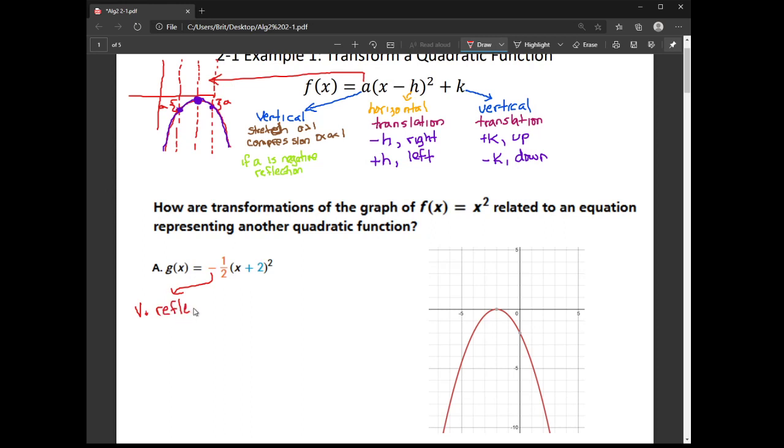That's what flips the graph upside down. The 1/2 that's being multiplied here is going to be either a stretch or a compression because it's multiplication. So I want to look, is 1/2 greater than 1, or is it between 0 and 1? Well, it's between 0 and 1, so that means that it's a compression.